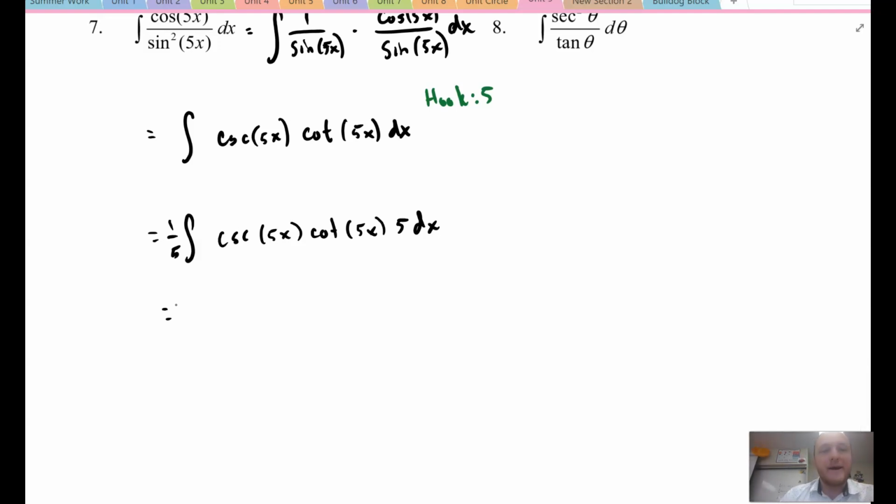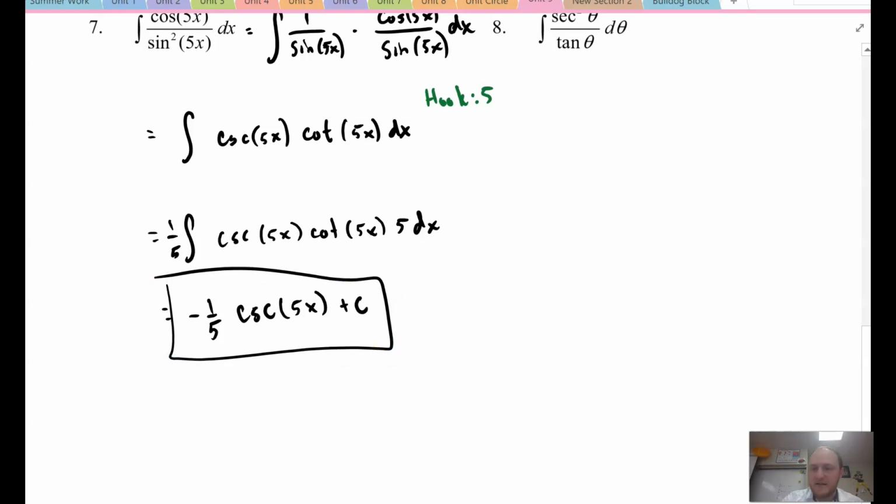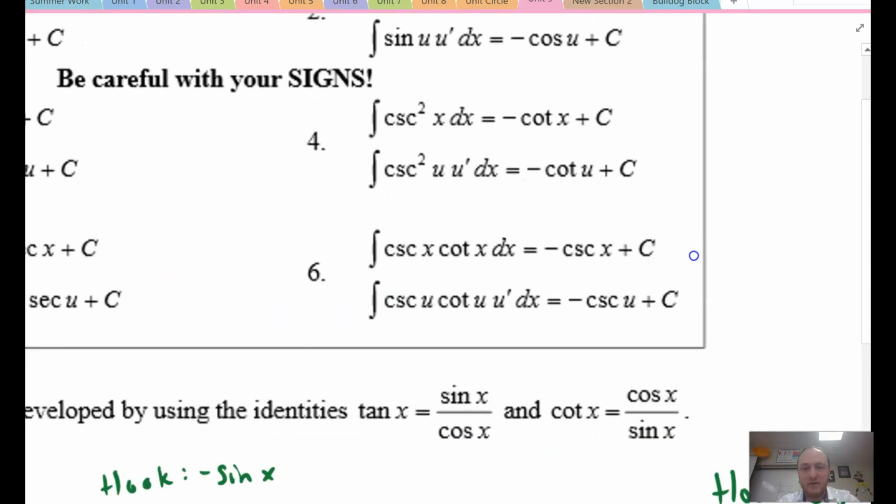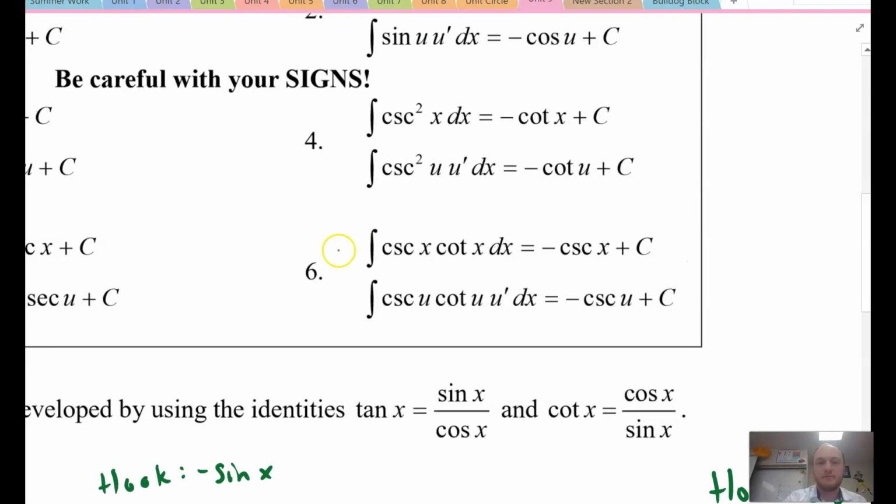Okay, so I have 1/5. Okay, and anytime you're going to get a cosecant, you're going to have to introduce a negative. Cosecant of 5x plus c. Okay, and there is your answer. Right, and that is the direct antiderivative here. Okay, so we just use that identity.